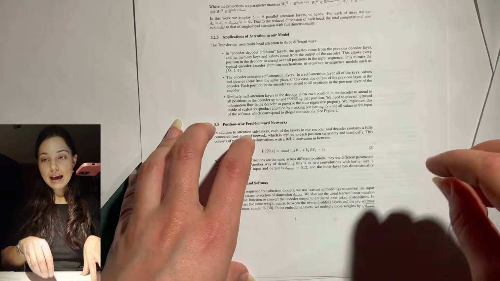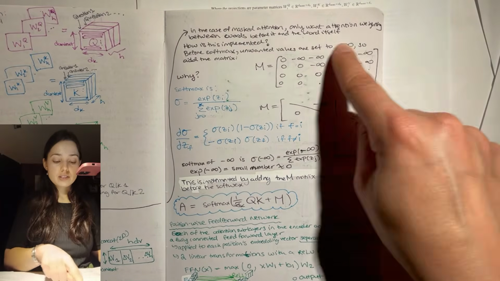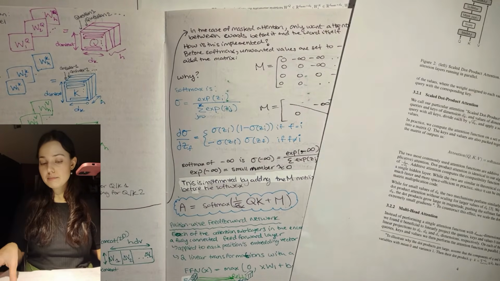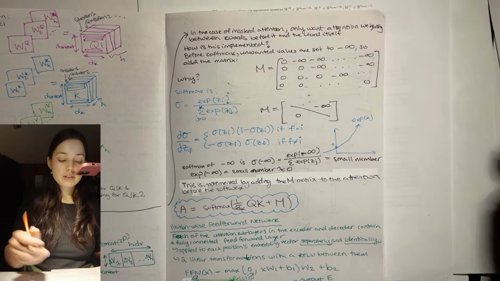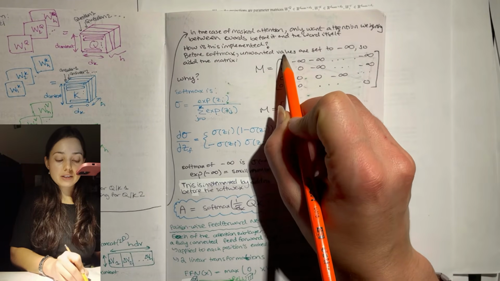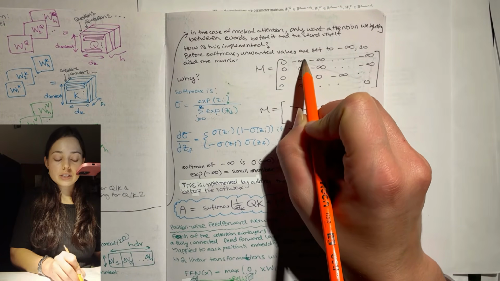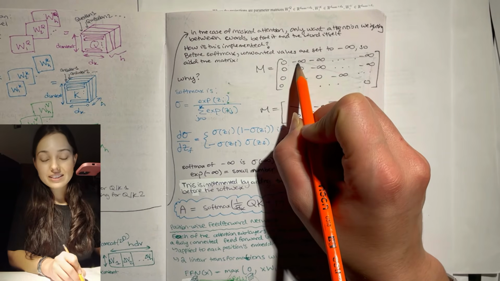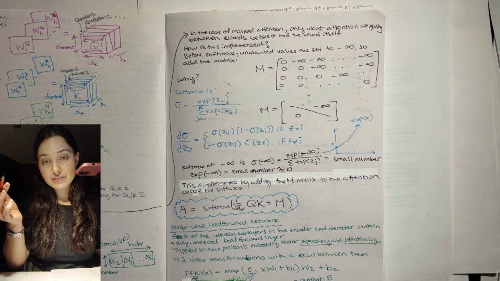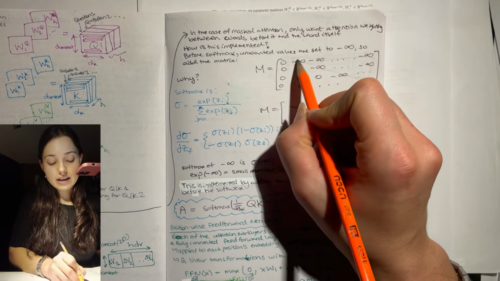They're masked by adding that matrix with the negative infinities on this quadrant. So this is how the first word attends to the first word. How does the second word attend to the first word? Well, it doesn't, because the second word comes after it. So we're masking this out.